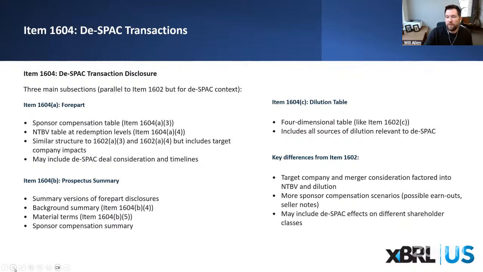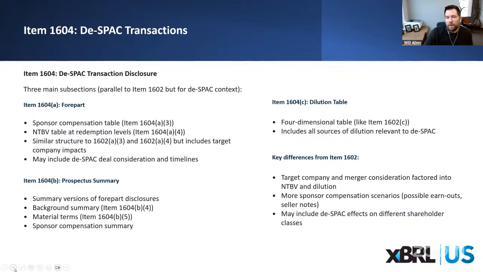The net tangible book value table now shows a per share book value in a post-merger entity, so after it's been merged. The sponsor compensation may change, so there could be new sponsors, or targets may even take seats on the board. And then the dilution table includes the target dilution sources, which could be target shareholder conversion, could be deal-related debt, could be earnout obligations.